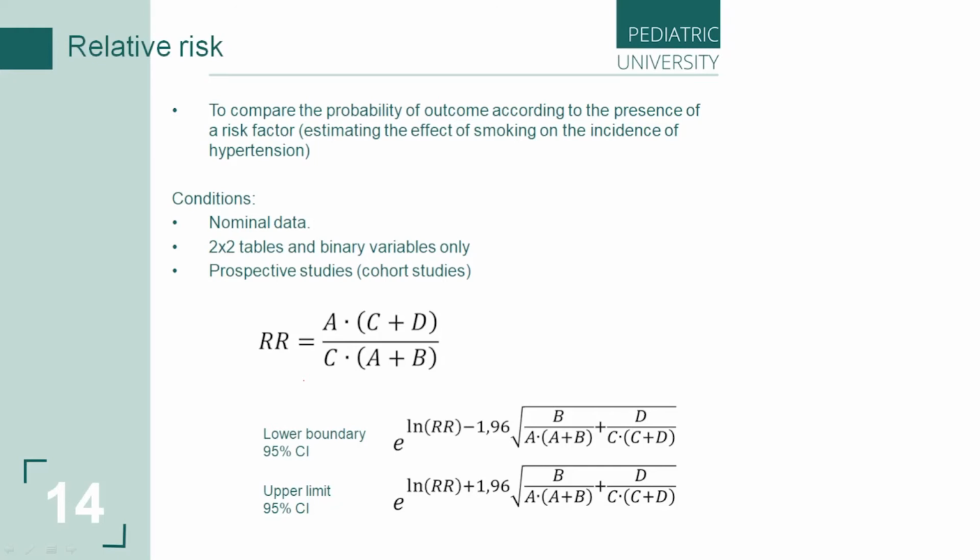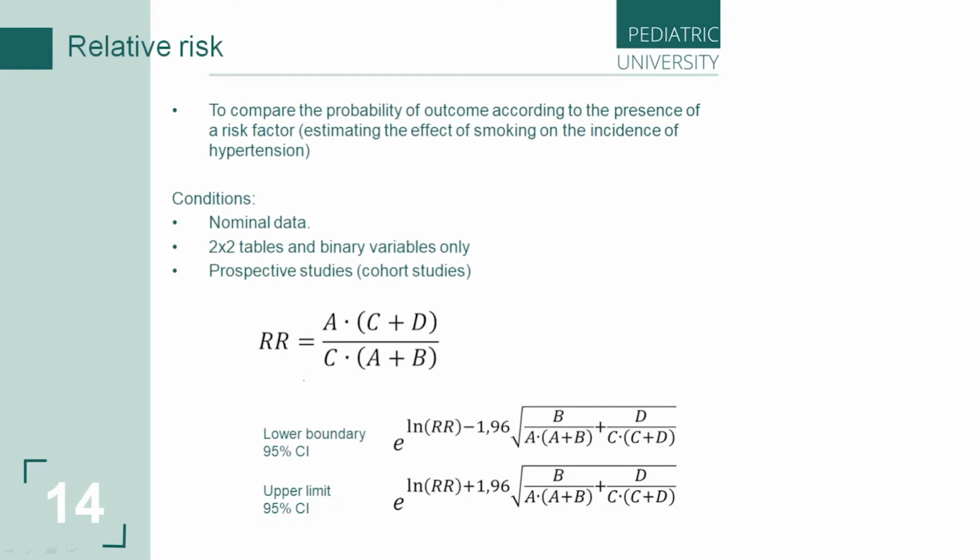Again, we have special conditions when we calculate relative risk. Firstly, data must be nominal. Use only 2x2 tables and binary variables, and prospective studies, such as cohort studies. Again, to generalize everything to the population, we need to specify not only the relative risk, but also the limits of the 95% confidence interval.